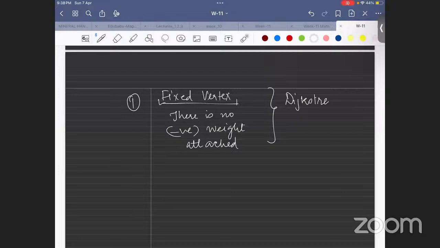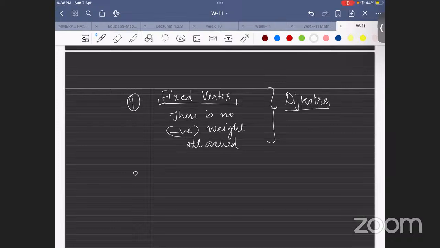Even though you can use Bellman-Ford also for this, mostly you'll use the Dijkstra algorithm because of the time complexity. So we'll use Dijkstra's algorithm wherever a weighted graph has been given and you have to calculate the shortest path from some fixed vertex to each of the other vertices available in your graph.